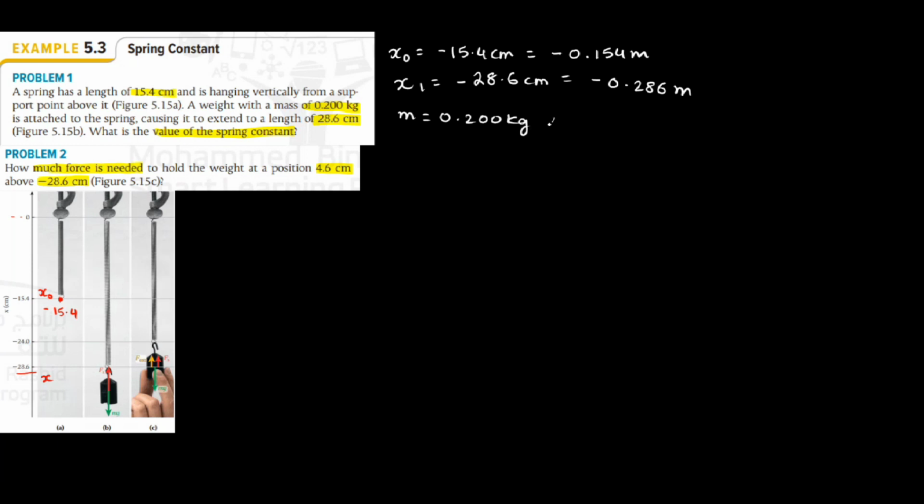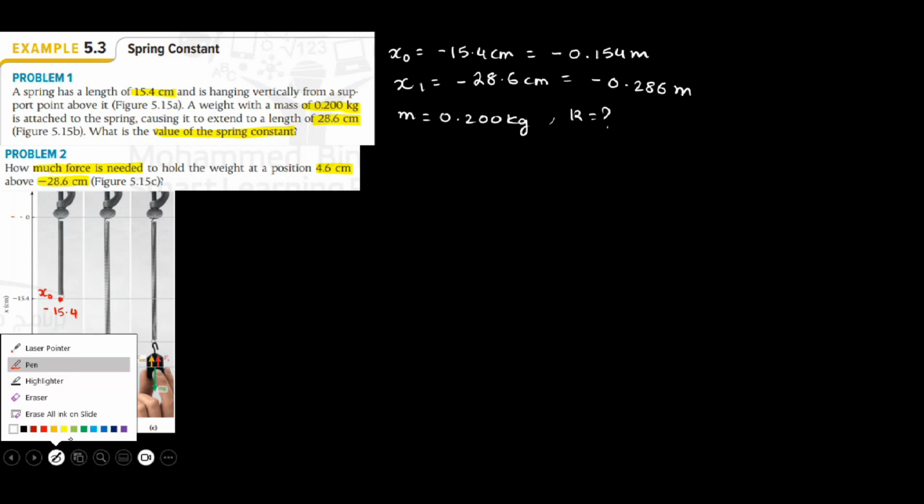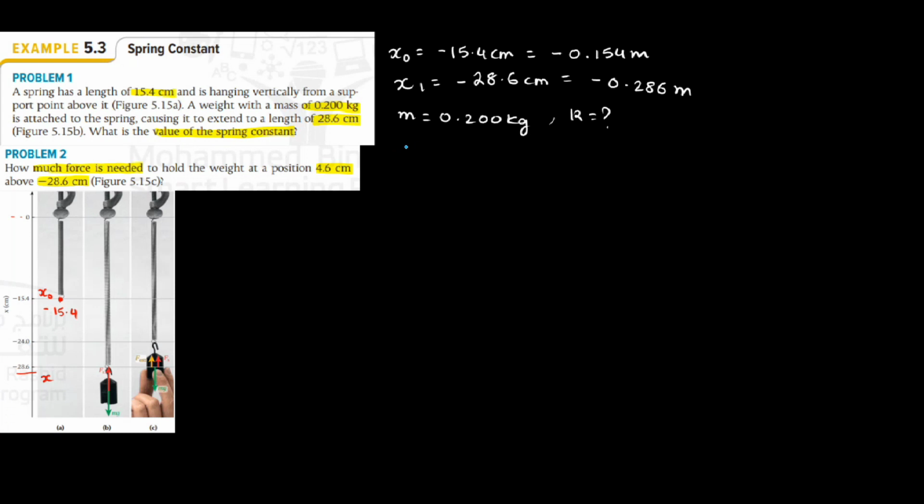I need to find, in the first part of the question, the spring constant. So I'm going to use the relationship between force, spring constant, and displacement. We know the spring force from Hooke's law is given as negative k times delta x, which you can write as negative k times position x1 minus the equilibrium position.